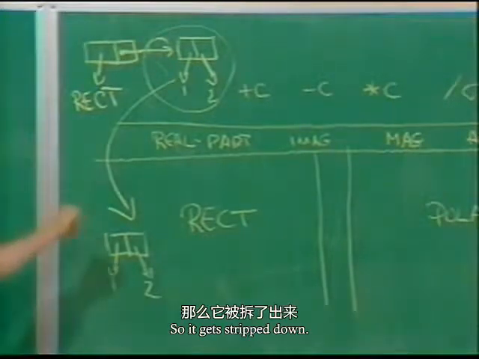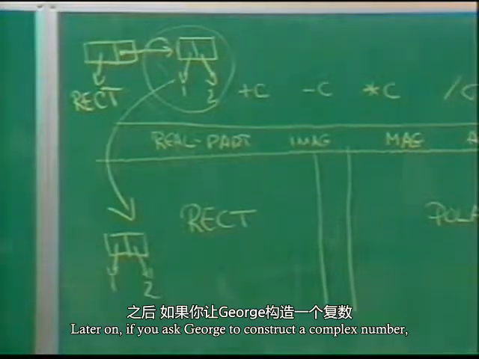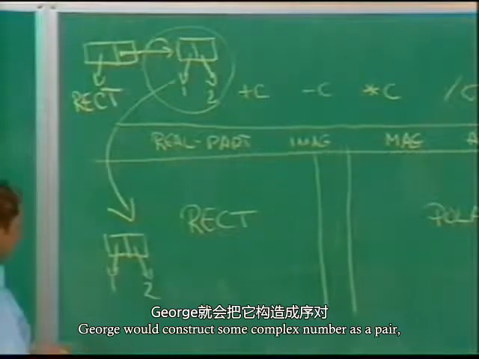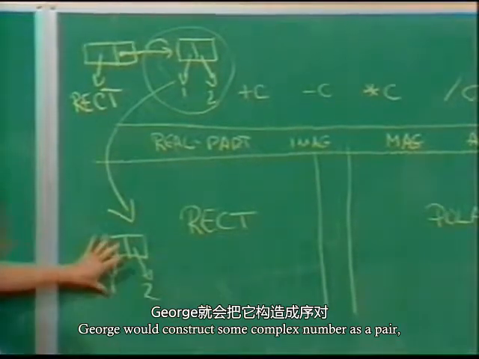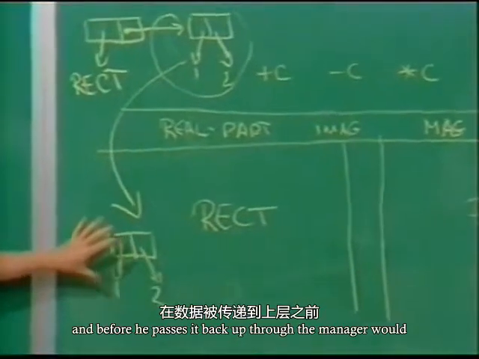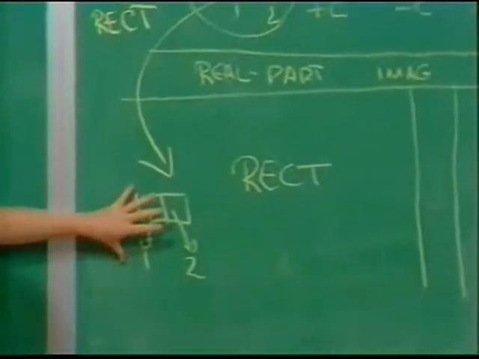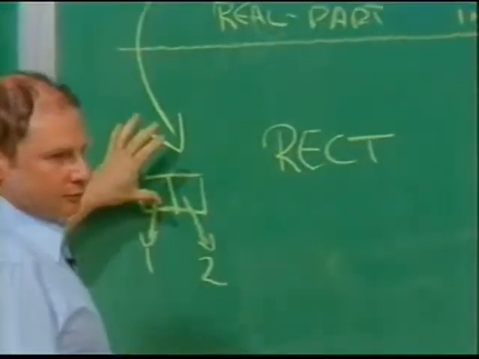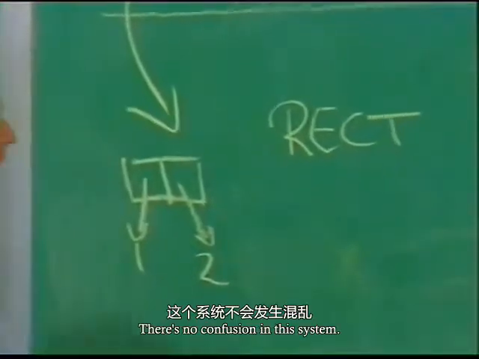Okay, so it gets stripped down. Later on, if you ask George to construct a complex number, George would construct some complex number as a pair, and before he passes it back up through the manager, would attach the type rectangular. So you see what happens. There's no confusion in the system.